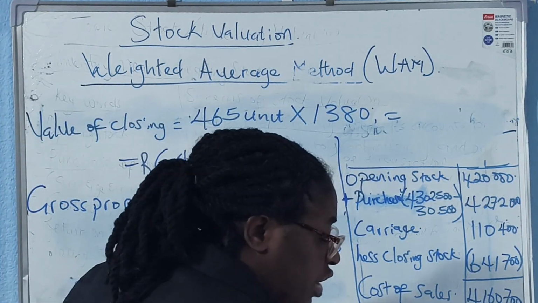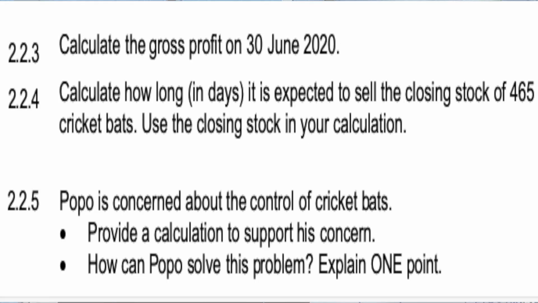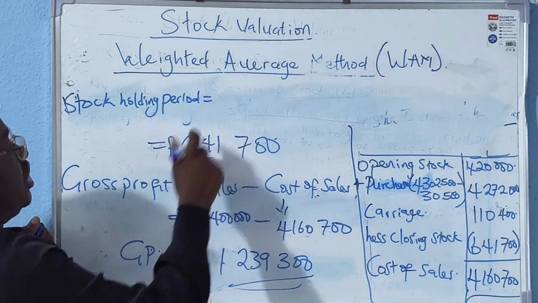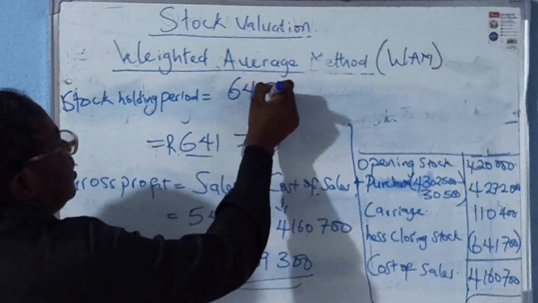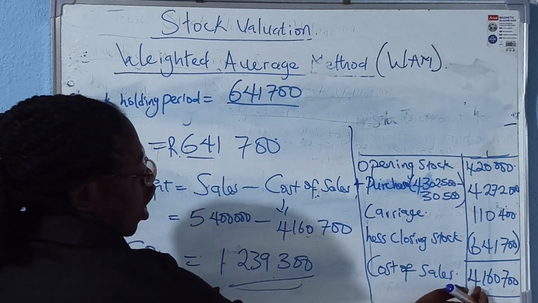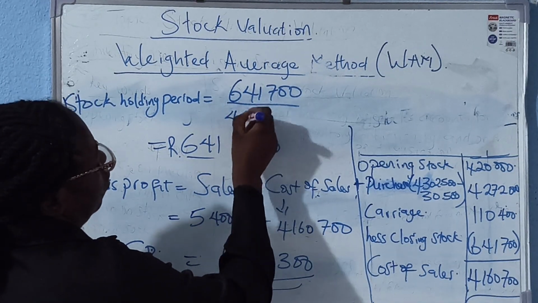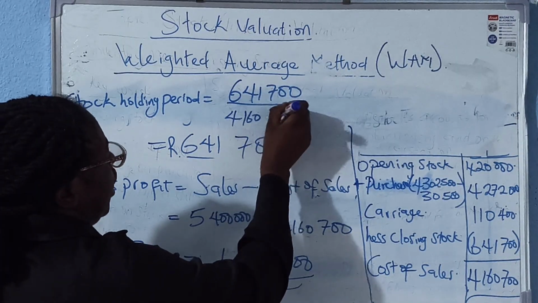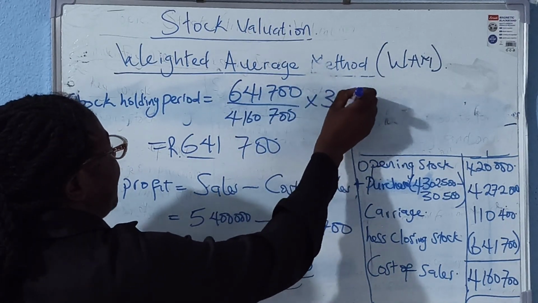There is your gross profit. All right. The next question asks us to calculate the stock holding period for the closing stock. Your stock holding period for your closing stock will be equals to your closing stock, which is 641,700 over your cost of sales, which is 4,160,700 times 365 days.